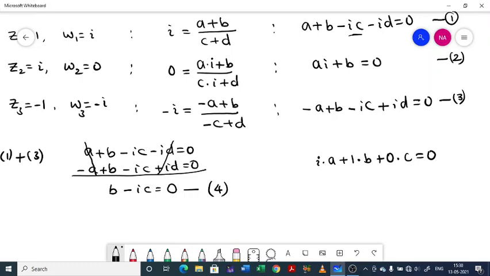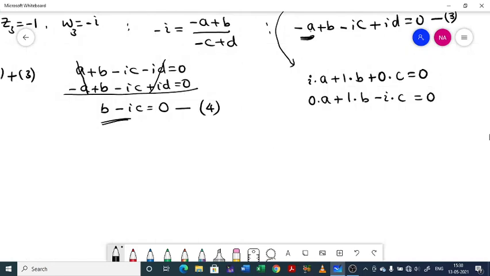I can't take equation 1 or 3 because there are four variables, but I can take these two. So iA plus 1B plus 0 into C equal to 0. Then from the other, the A term is not there, so 0 into A plus 1 into B minus i into C equal to 0.